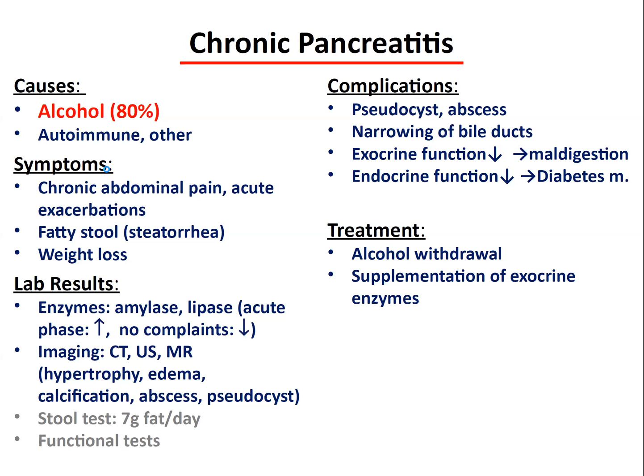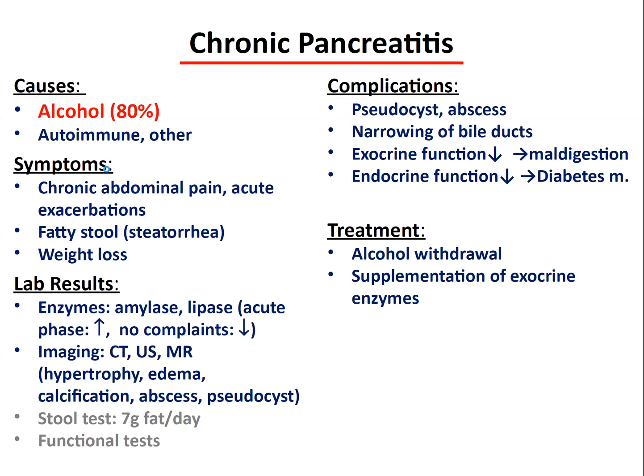In CT, ultrasound or MRI, we see an enlargement of the pancreas, which can be edema, calcification, abscesses or pseudocysts. Why is the pancreas enlarging? Because fibrotic tissue is replacing the pancreatic tissue. And in the stool, we have a lot of fat, so steatorrhea can happen.